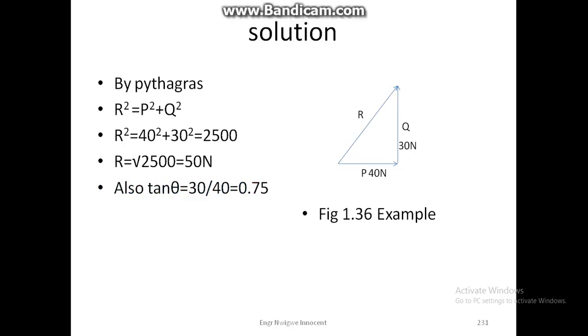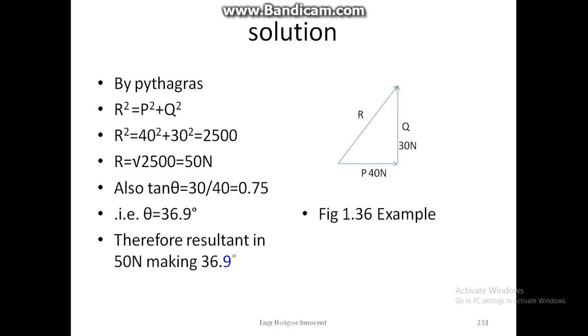Also, tan theta, from the laws of trigonometry, is equal to 30 over 40, which is 0.75. That is theta. Tan inverse of 0.75 is 36.9 degrees. Therefore, the resultant is 50 Newton, which makes 36.9 degrees with the 40 Newton force.